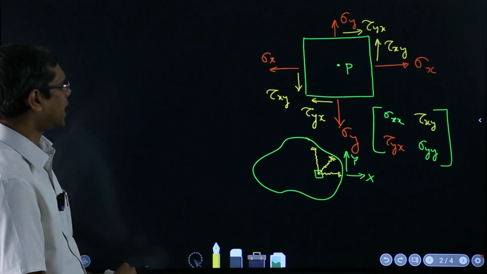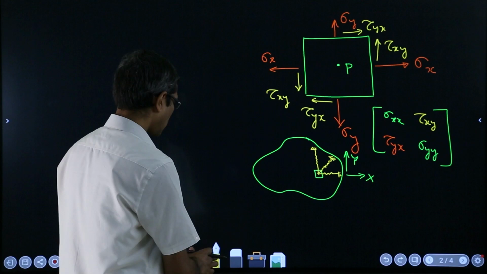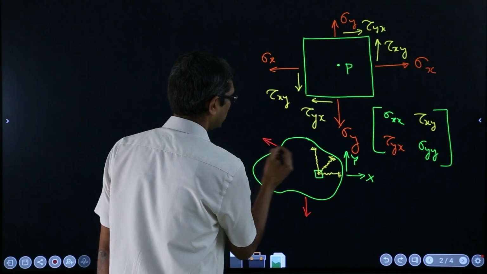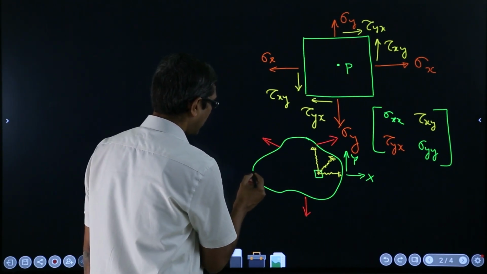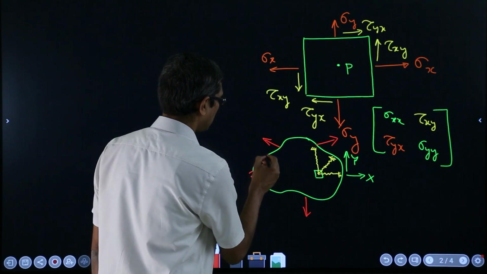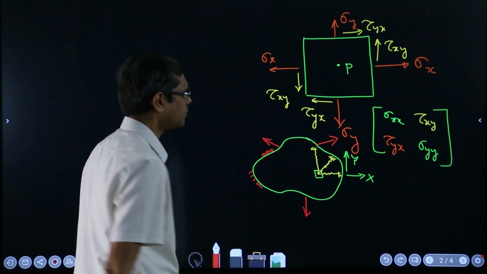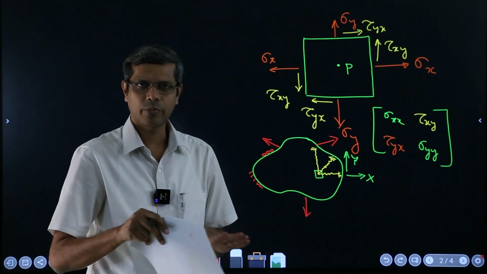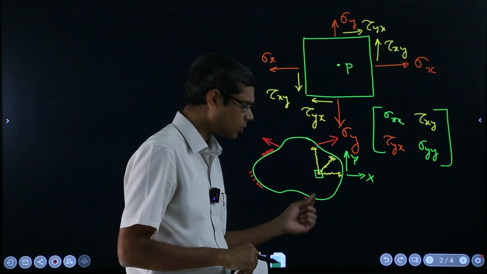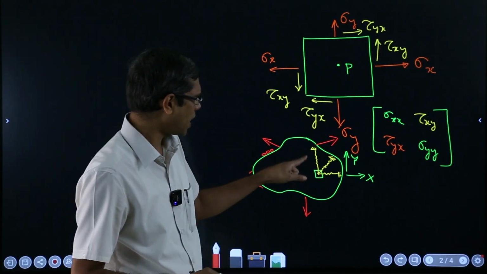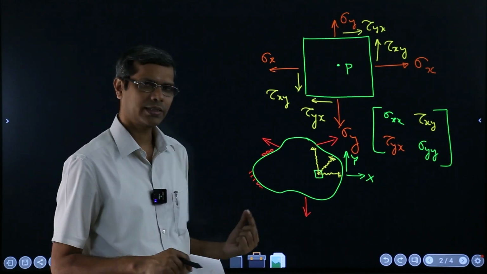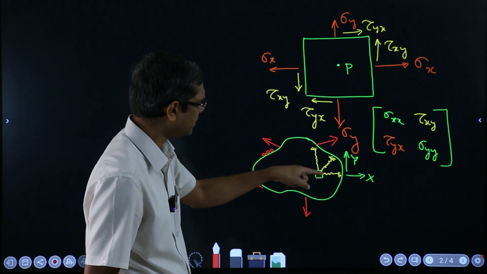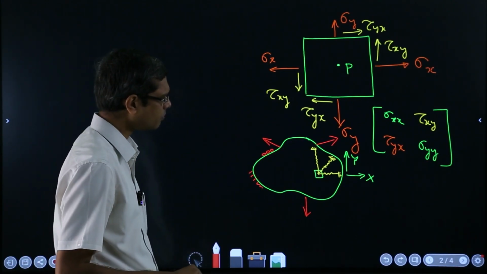Now, when you apply the external loadings and you have the boundary conditions like this, then at every point there will be some deformation, right. So based on the deformation existing at this point, though I have drawn these springs too big, in fact they are just around the point P, they are very small. I have just exaggerated a bit so that you can visualize it.